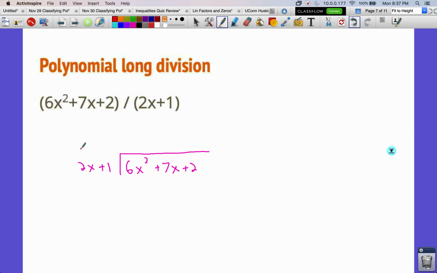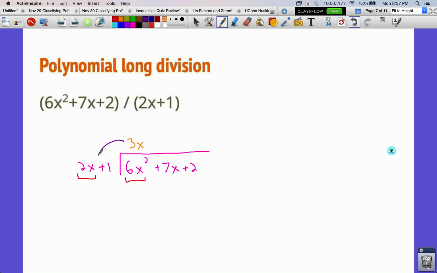All right, and now we only focus on the biggest terms as we move our way down this polynomial, trying to see what we need to multiply this guy by to equal this. So we'll just focus on the biggest terms, but then both of these terms will end up being multiplied by whatever we put up here. So what do I need to multiply 2x by to become a 6x squared? I'd multiply it by a 3x.